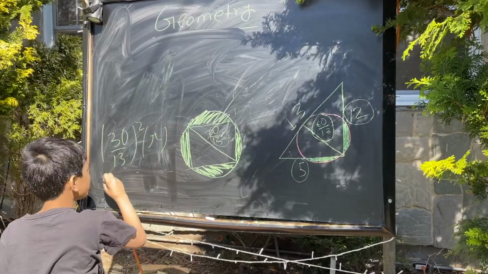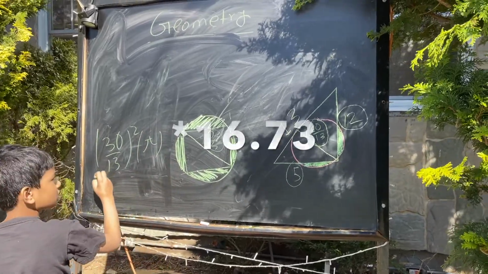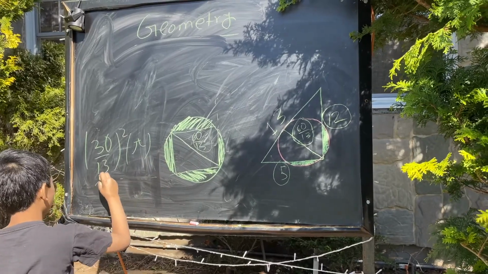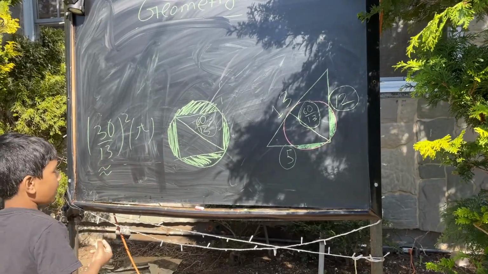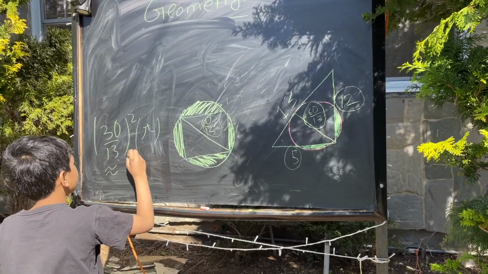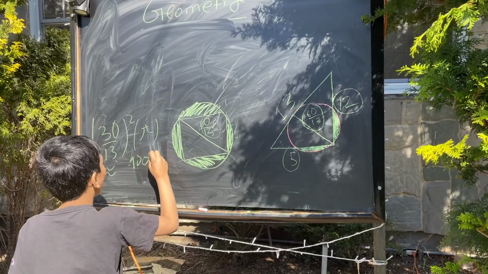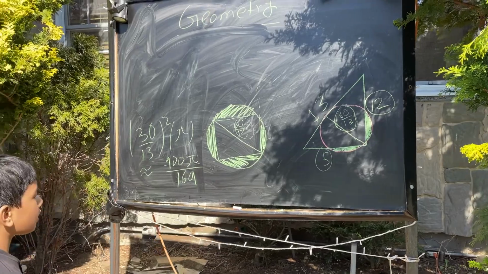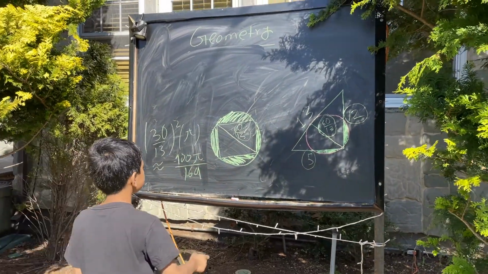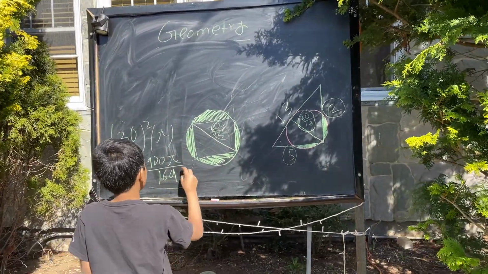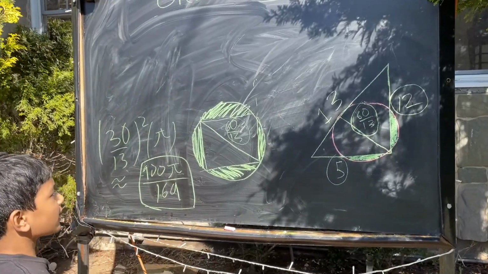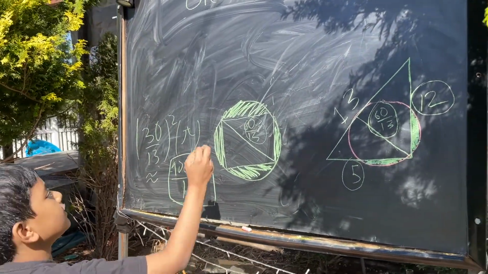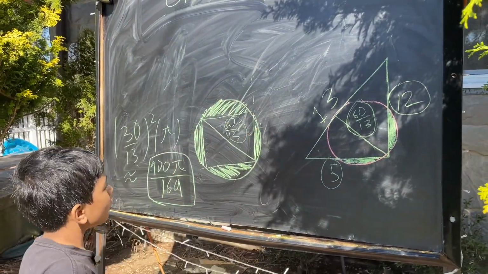That's gonna give you about 900 pi over 169. So now, how does this help? Well, this value can be used to find these green areas over here.